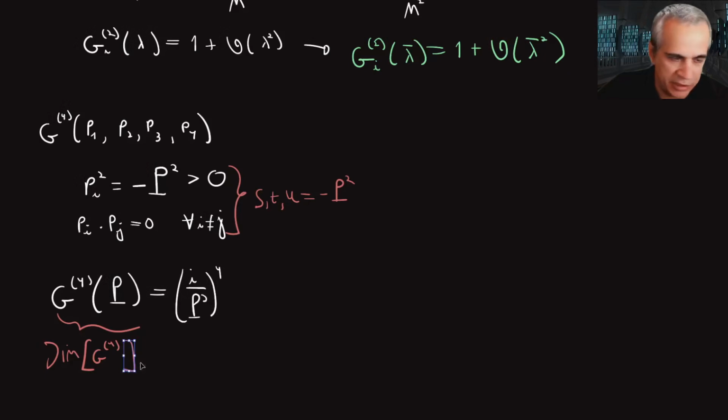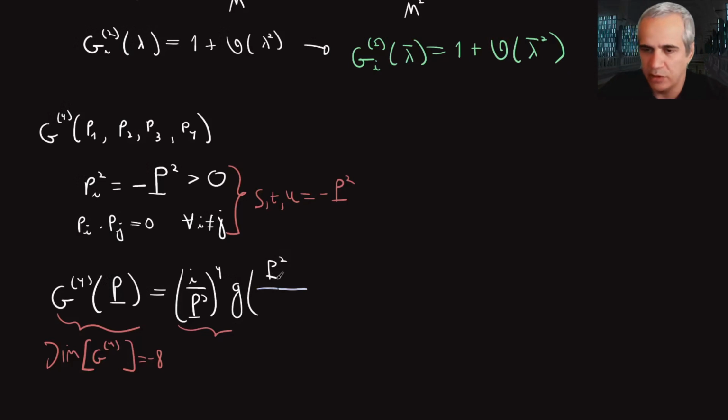So this is dimension minus 8. And then you can do the same as we did in the 2-point function, which is that this thing can be multiplied by an arbitrary function, but which depends only on the ratio between this capital P and the renormalization scale, just because these two dimensions need to compensate in order to give dimension 8 for the whole thing.